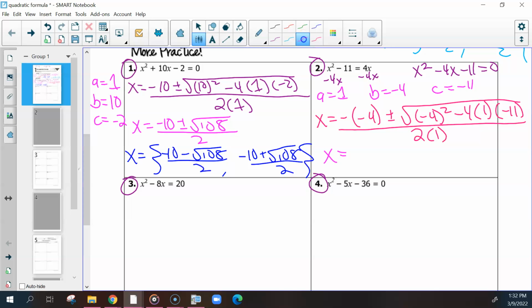When we start to simplify this, the negative and the other negative would become a positive.